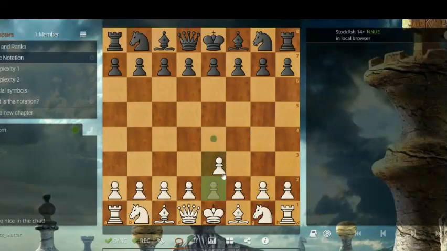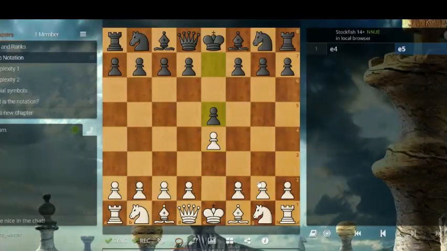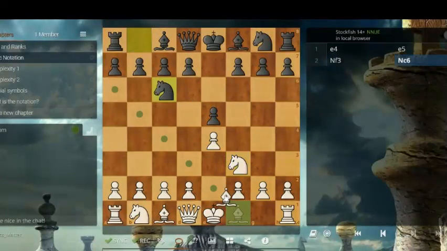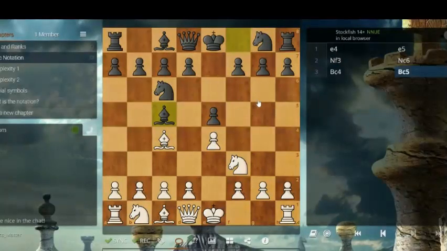For example, if we had to write the whole name of the pieces during a game, it will go sort of like this: pawn to e4, pawn to e5, knight to f3, knight to c6, bishop to c4, and bishop to c5.